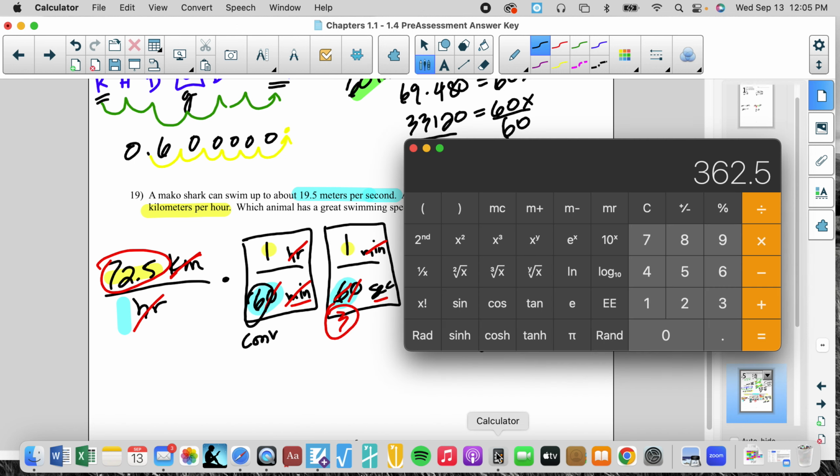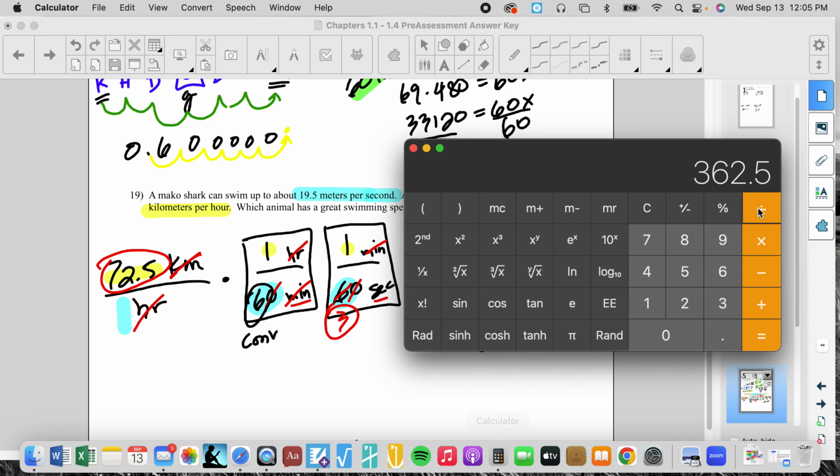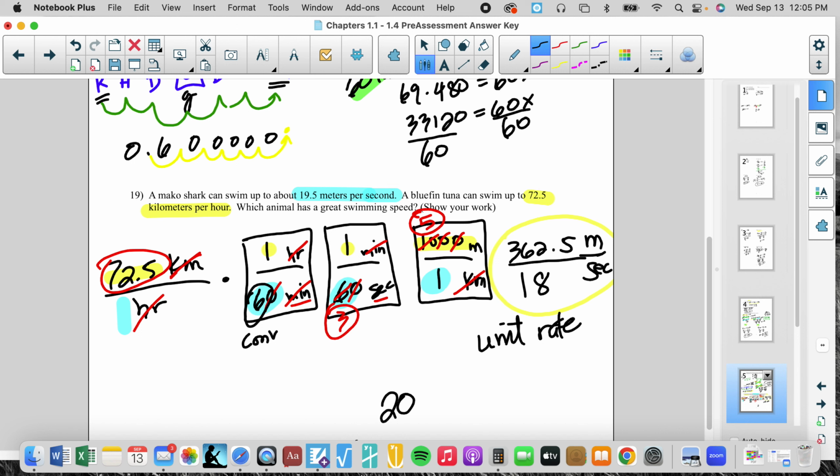I'm going to take the 362.5 and divide it by 18. And that gives me 20.138 repeating meters per every second. That's how fast the tuna can swim.